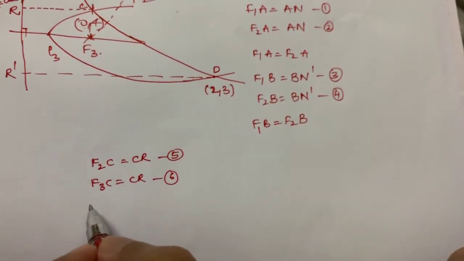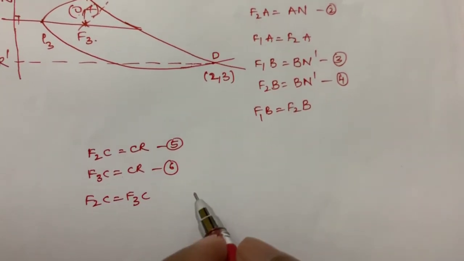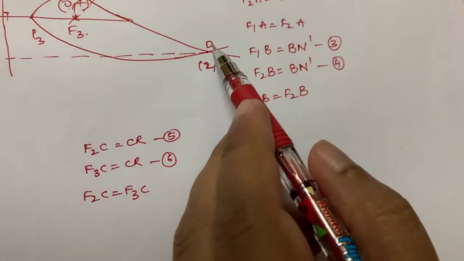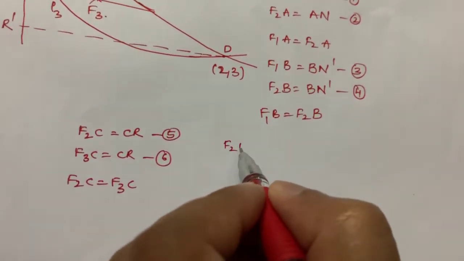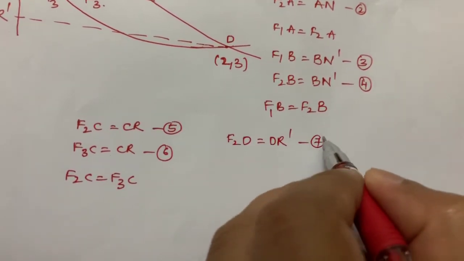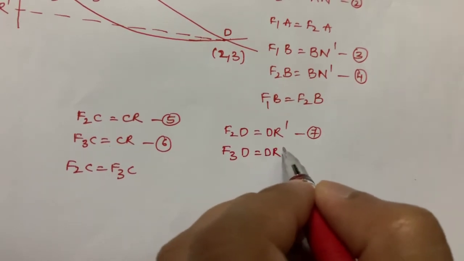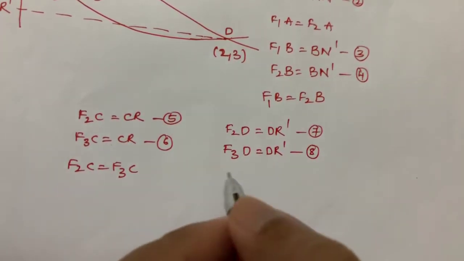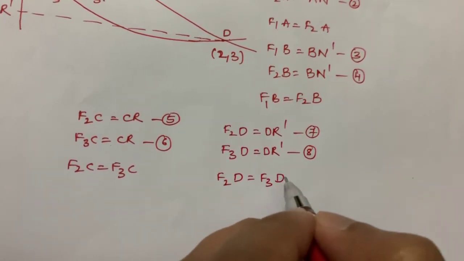So from 5 and 6, f2 C is equal to f3 C, and again for point D, f2 D is equal to dr dash, this is equation 7. Again f3 D is equal to dr dash. Right, from 7 and 8 we can say that f2 D is equal to f3 D.